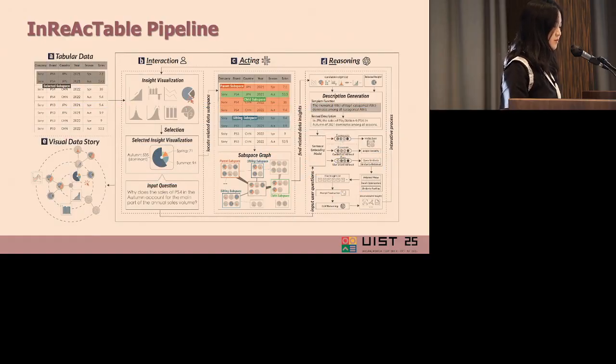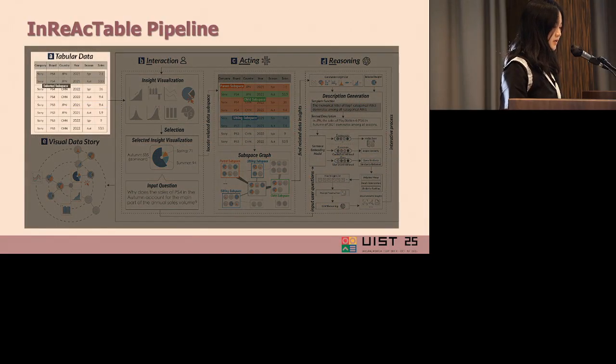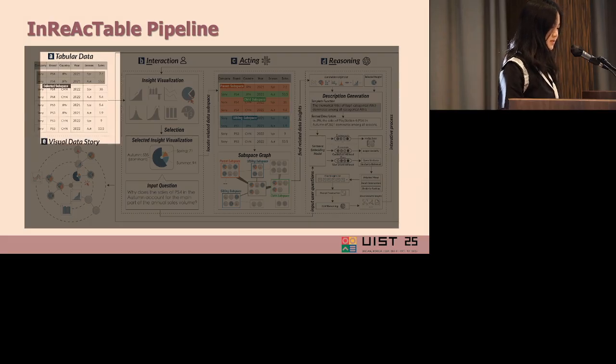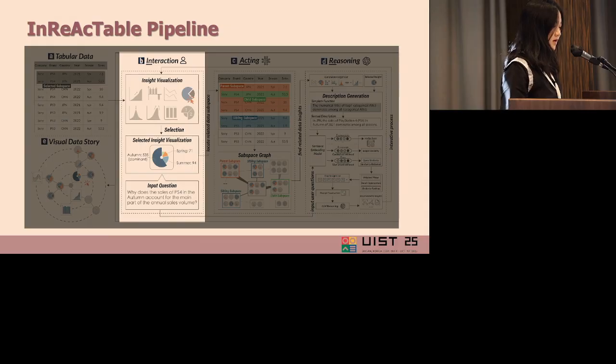In the InReAcTable pipeline, starting with an input table, users select subspaces, activating the interaction module to automatically extract insights and generate visualizations. Users can review attribute information, make selections, and pose targeted queries.